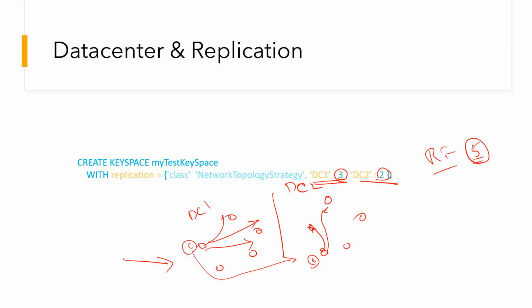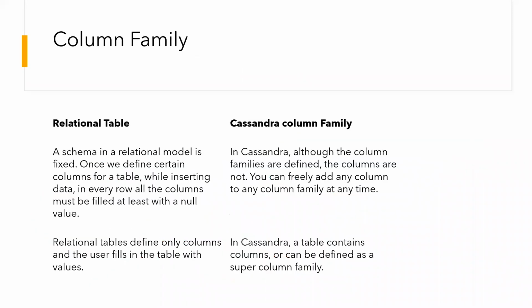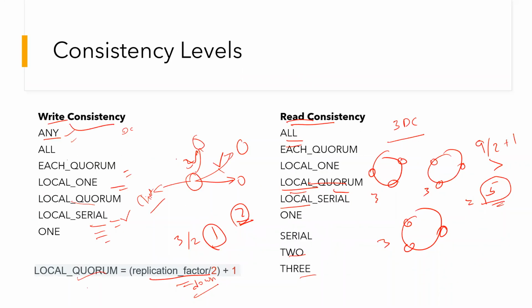Whereas if you define it as a quorum, the consistency level will follow the respective configuration that we're talking about. I see. Okay, makes sense. So that's where local quorum and quorum come into the picture. Local quorum is for a particular DC and quorum is across DCs.